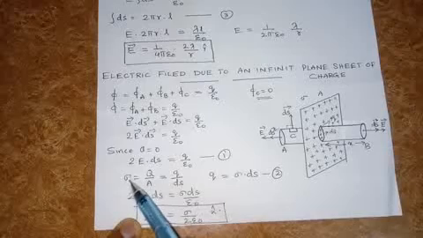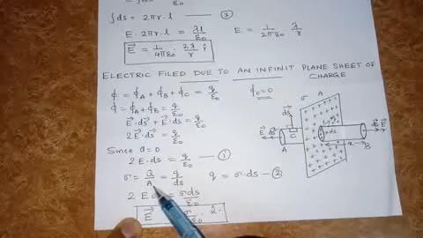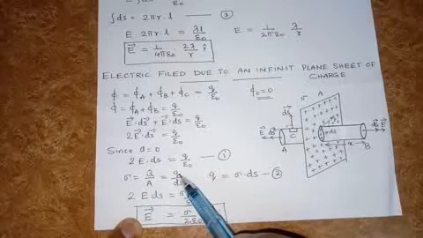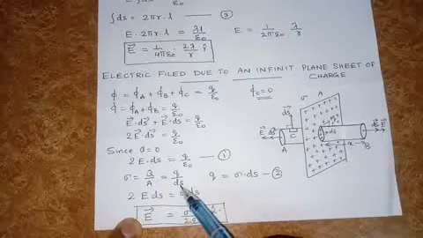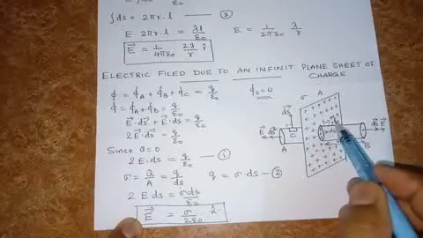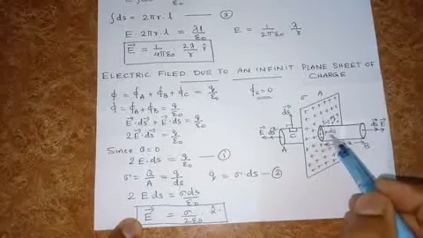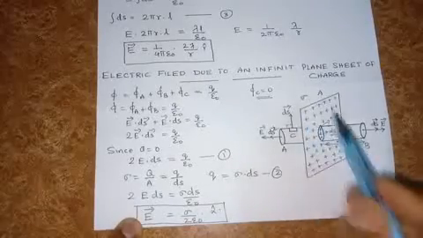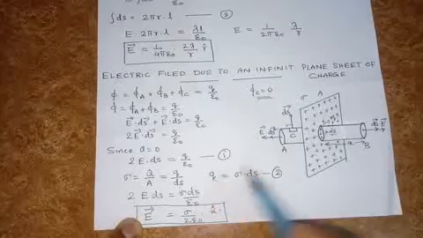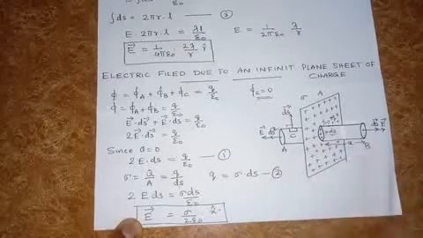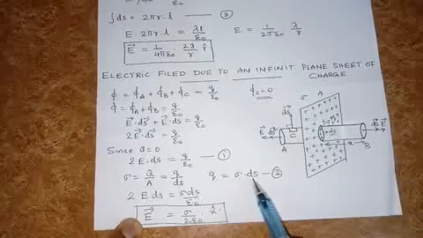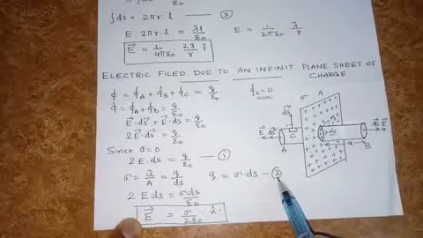You know sigma is equal to total charge divided by total area, and sigma can also be written as the charge on a small area divided by the magnitude of that area. Q is the charge on a small area ds. Therefore, sigma can be written as Q by ds. From this, the charge enclosed within the Gaussian surface, Q, is equal to sigma into ds. Put this as equation number 2.